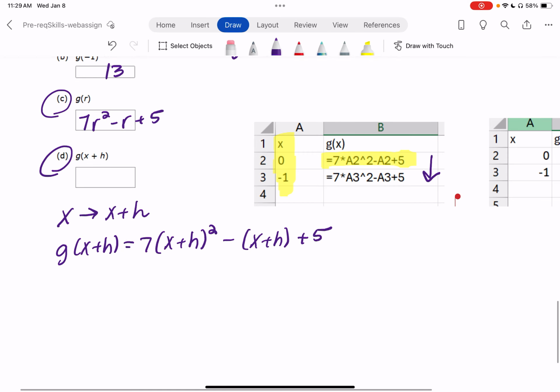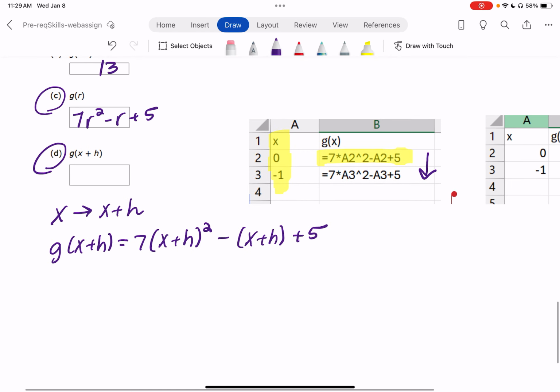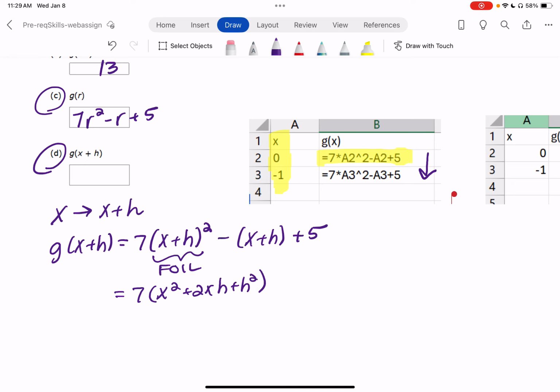And then what you can do is simplify this down. So you need to FOIL this out: first, outer, inner, last. You have two binomials. Multiply those together. And then you will distribute the 7 in the next step.